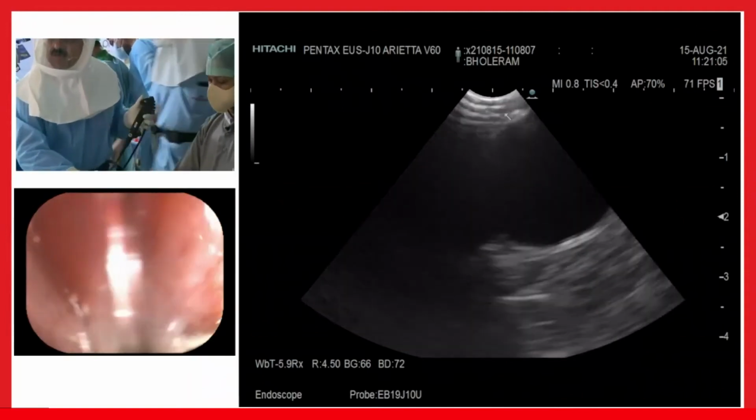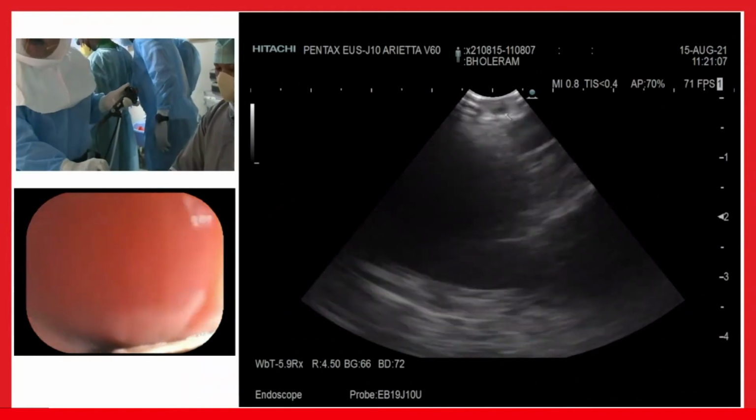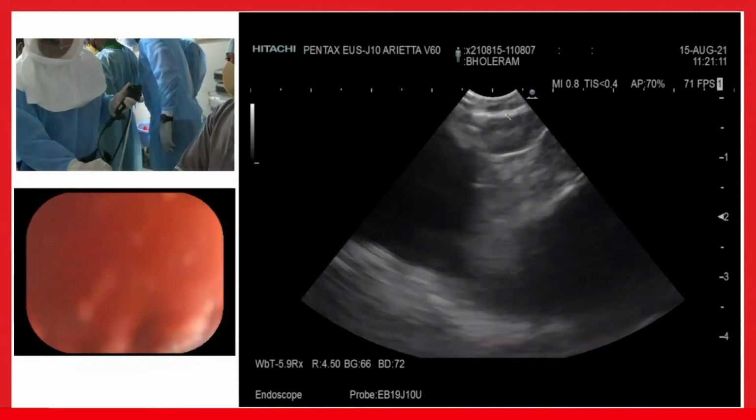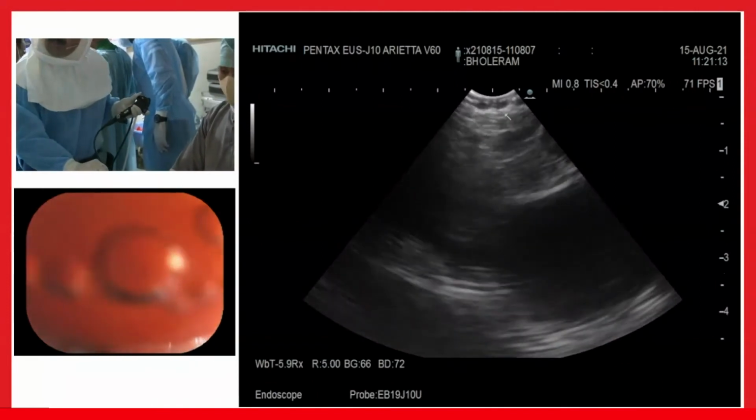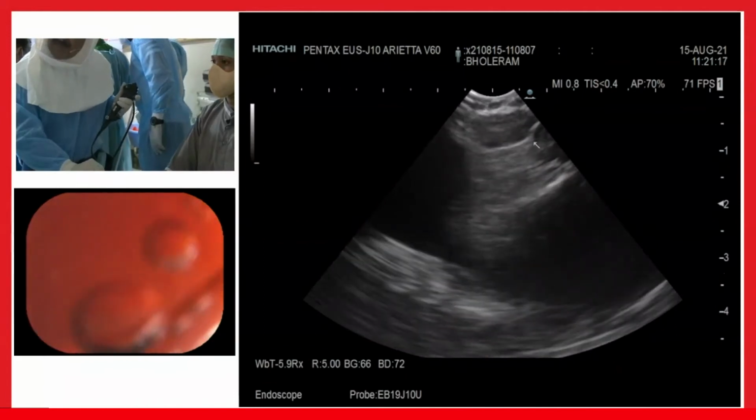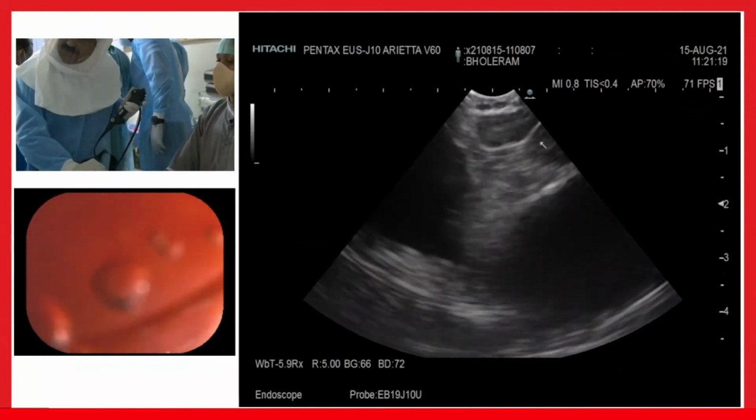And when you turn left side, you can see the Mickey Mouse sign. Previously, we had a large, beautiful lymph node. Here is a small lymph node, not pathological, but definitely subcentimeter lymph nodes.